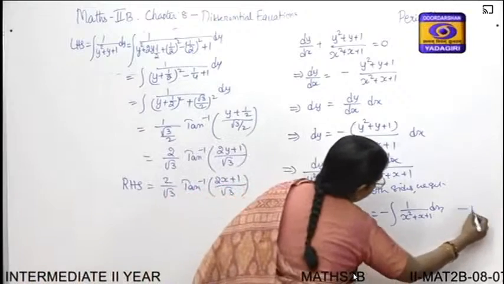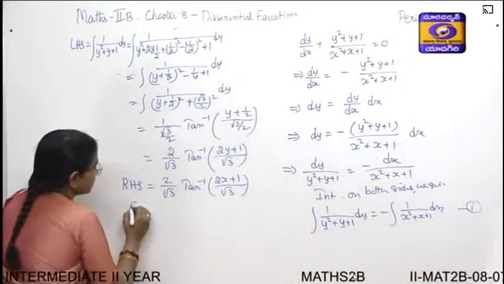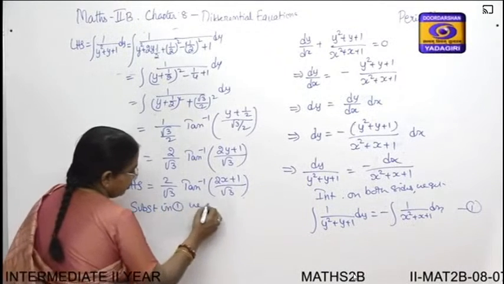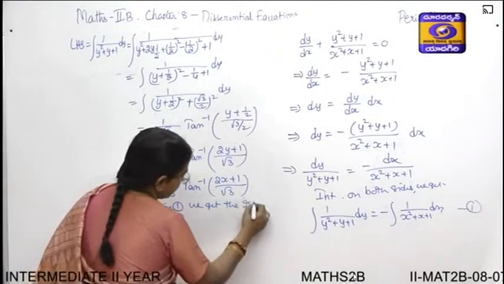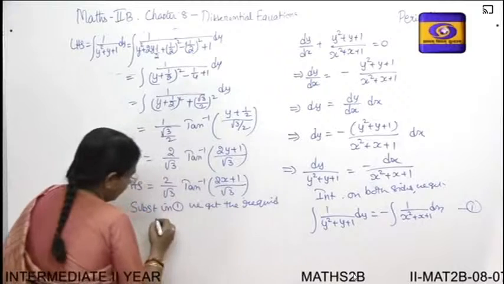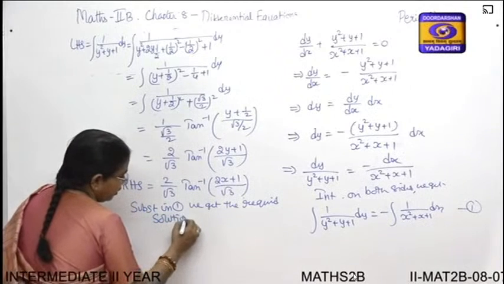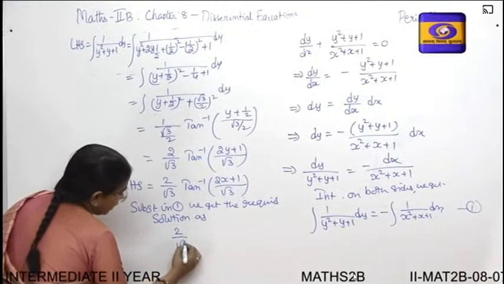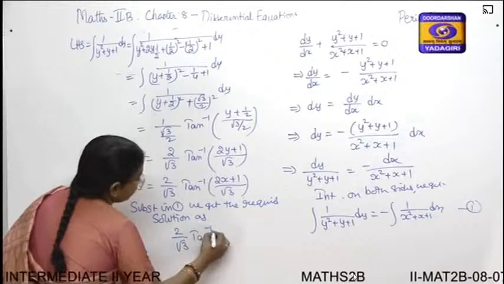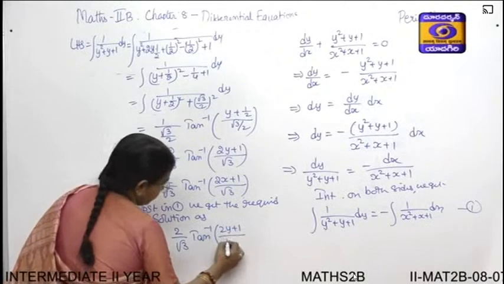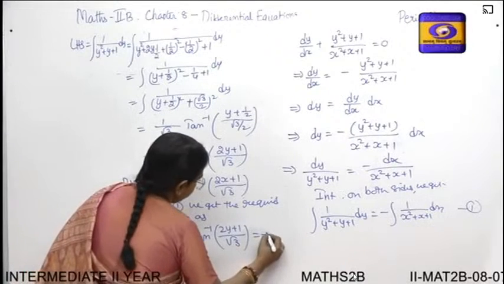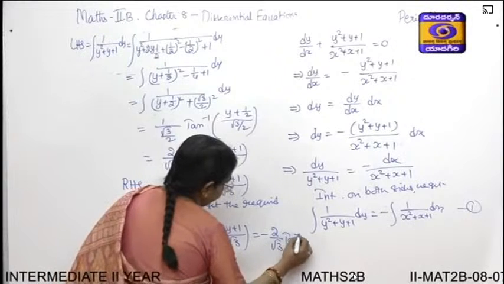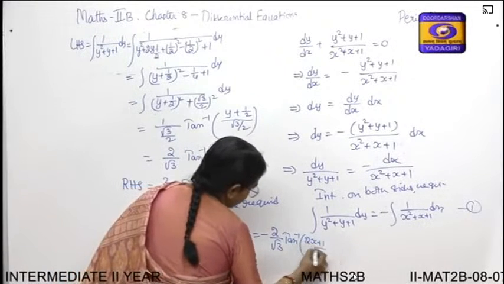So substituting in 1 we get the required solution as: 2 by root 3 into tan inverse of 2y plus 1 by root 3 is equal to minus 2 by root 3 into tan inverse of 2x plus 1 by root 3 plus c.